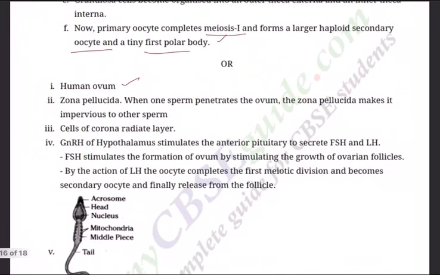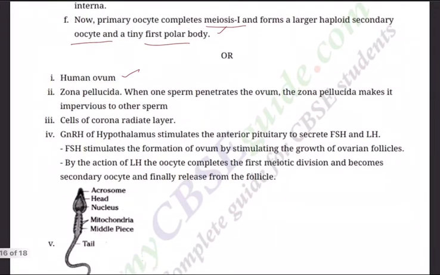Now, it is again a diagram-based question. One is human ovum. Second one, zona pellucida. When one sperm penetrates into the ovum, the zona pellucida makes it impervious to other sperm. Third, cells of the corona radiata layer.